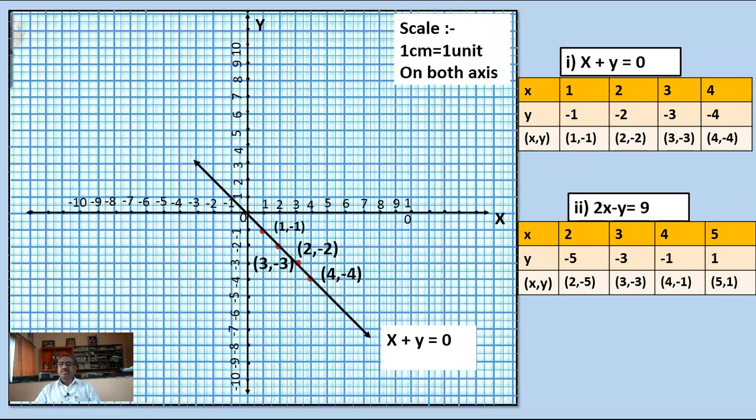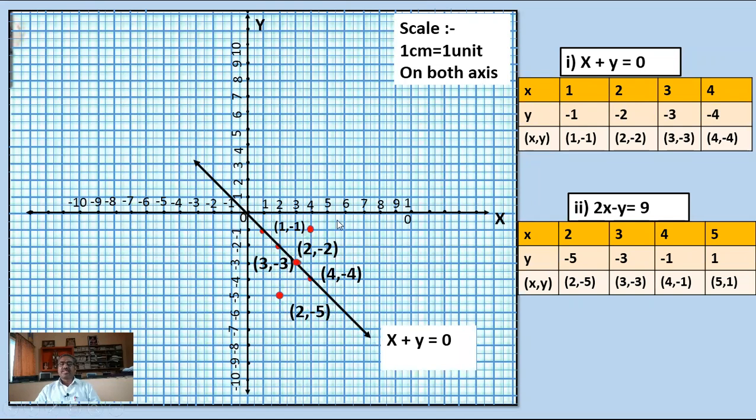Plot the coordinate points for equation 2x minus y is equal to 9 on the graph paper. First point is (2, -5), x coordinate 2, y coordinate minus 5. Second is (3, -3), x coordinate 3, y coordinate minus 3.